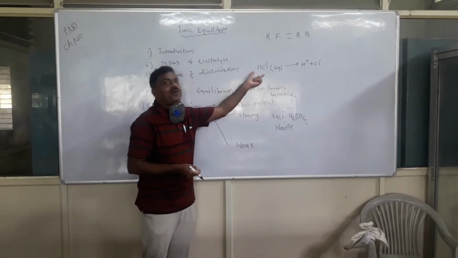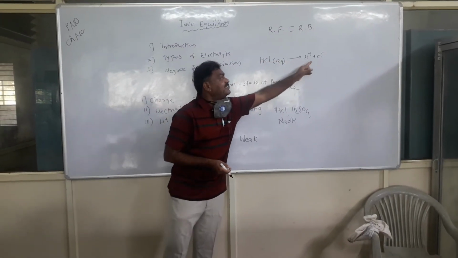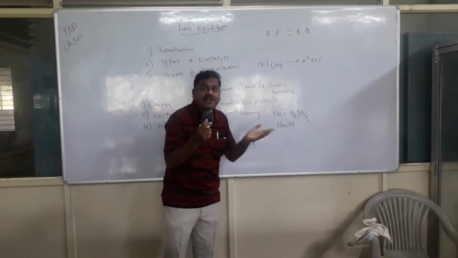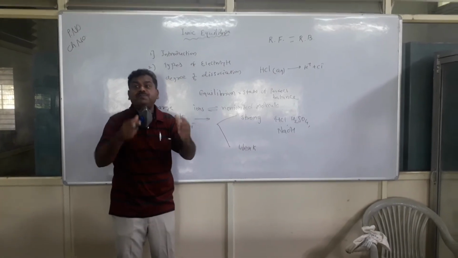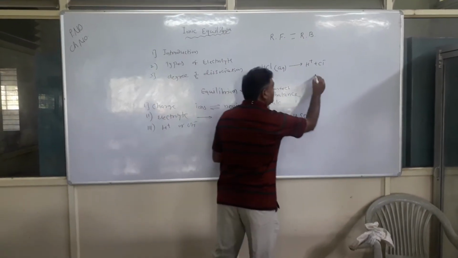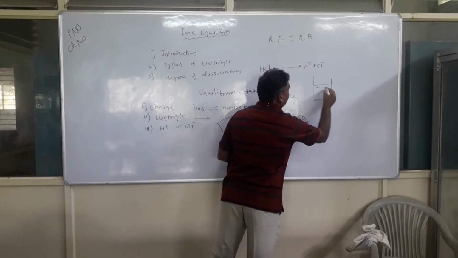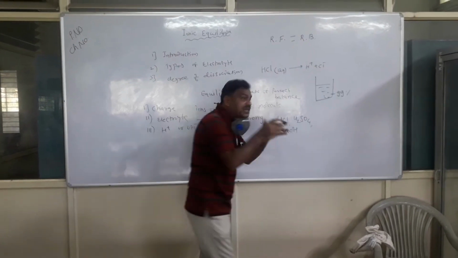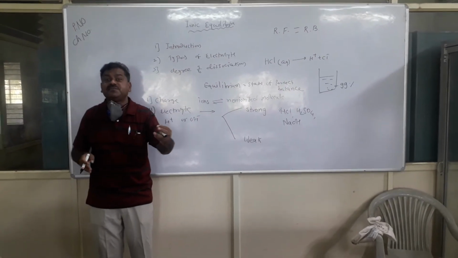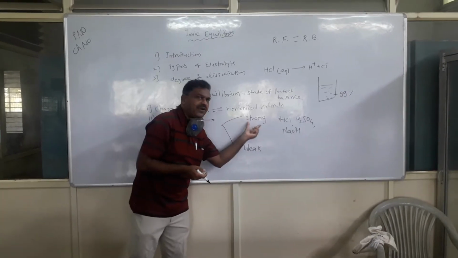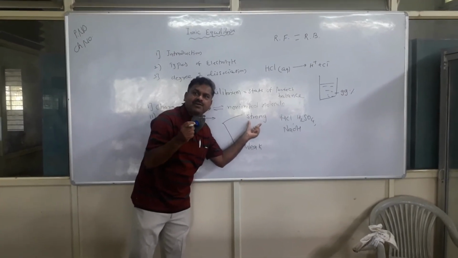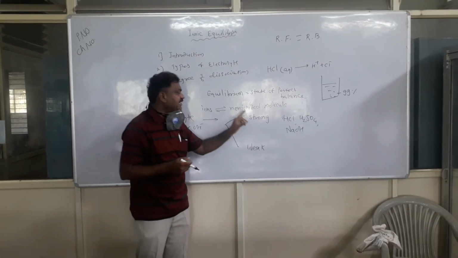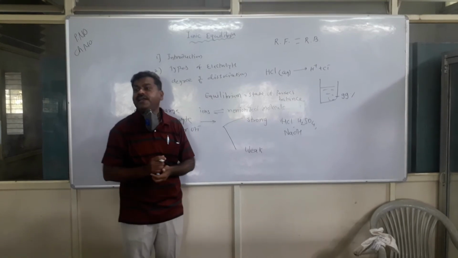That strong electrolyte HCl, which gives H plus and Cl minus ions, dissociates completely, separates completely. Suppose out of 100 molecules, 99% will be dissociated or ionized. Therefore, a strong electrolyte is one which dissociates almost completely.